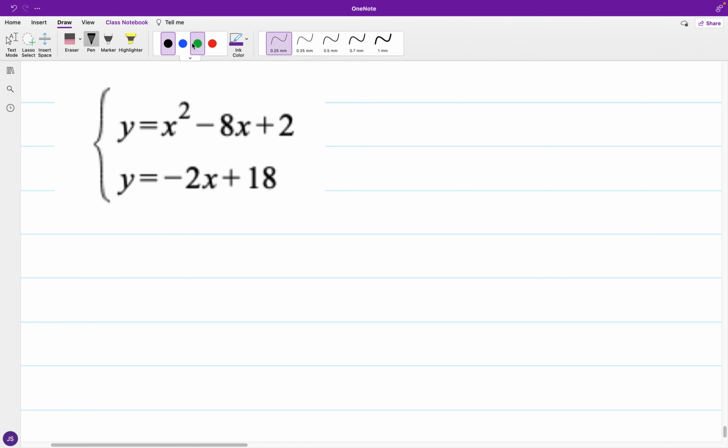And this is one where we can apply substitution. This one's kind of tricky, but it's still workable.